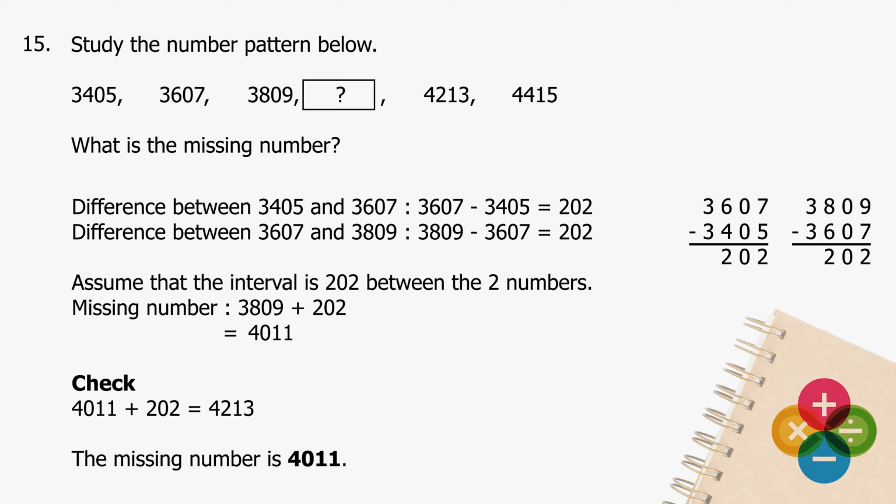Let us assume that the interval is 202 between the numbers. The missing number will be, add 3809 to 202, and the sum is 4011. Let us do a cross-check on the answer. Add 4011 to 202, and the sum is 4213. The missing number is 4011.